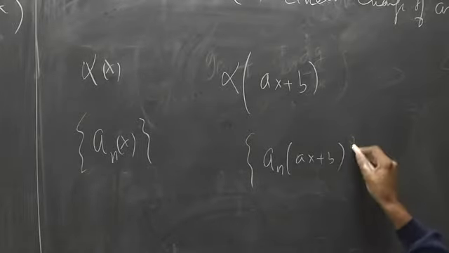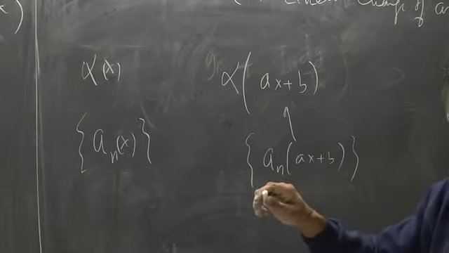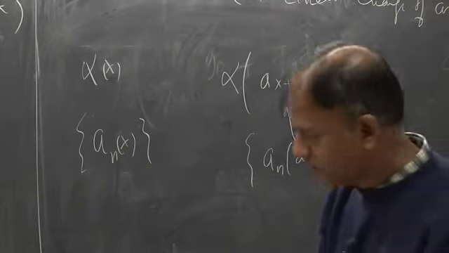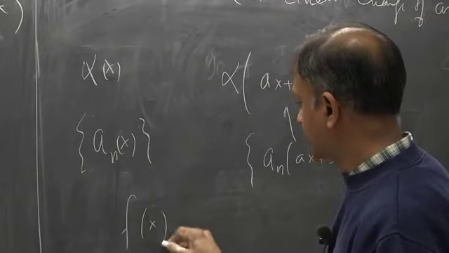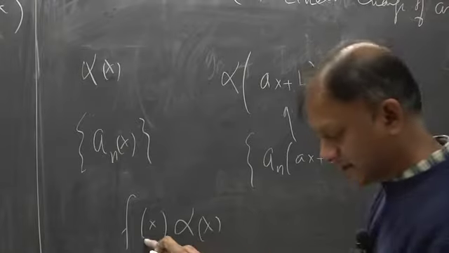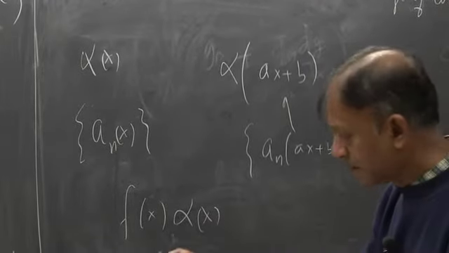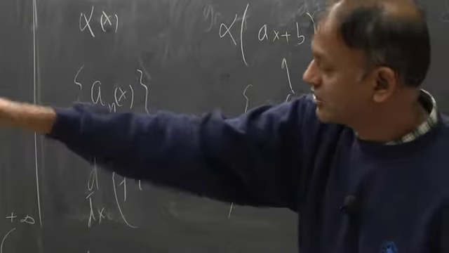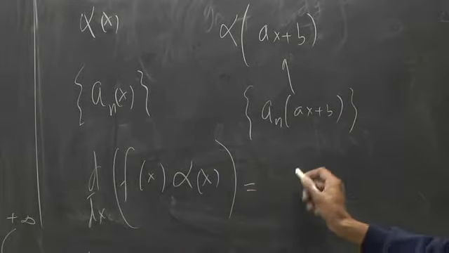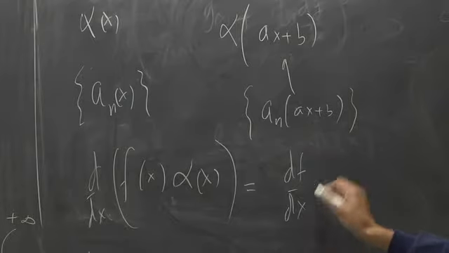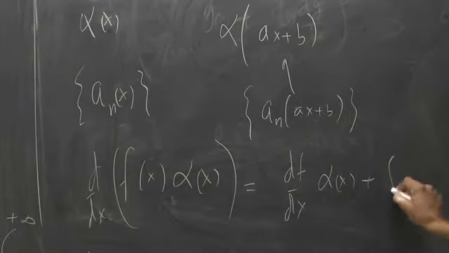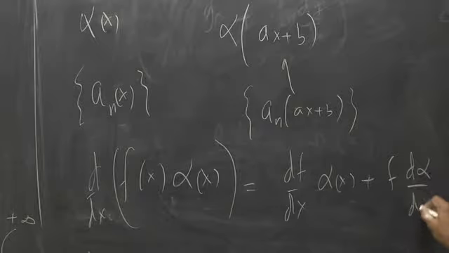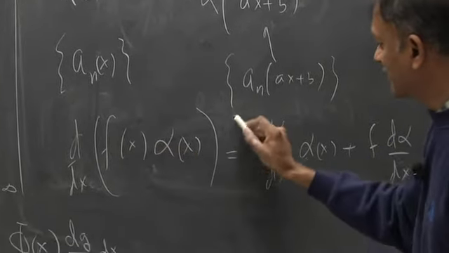There are several things you can prove. For example, the product f of x alpha of x, where f of x is a fairly good function. Again, you can take the derivative using this definition, and show that it's the same as df by dx times alpha of x plus f times d alpha by dx. Please try to check this.